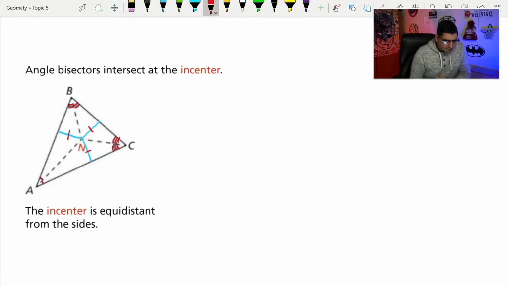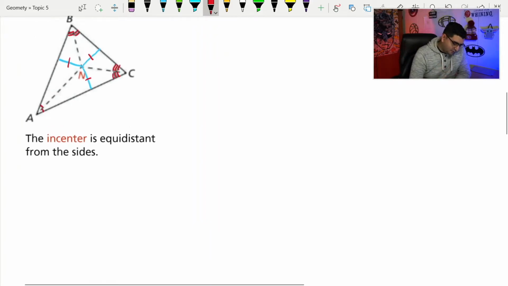So this is another thing that's special about the incenter. If I know one of them, I know all of them. If I know what one of the angles is, I know what those halves are going to be when I split it up. So now let's look at a couple problems that use some of these properties about the incenter.